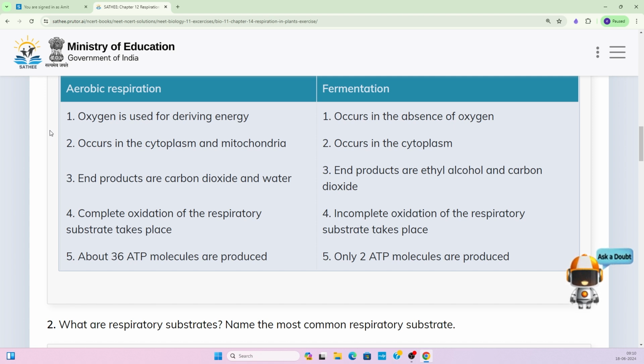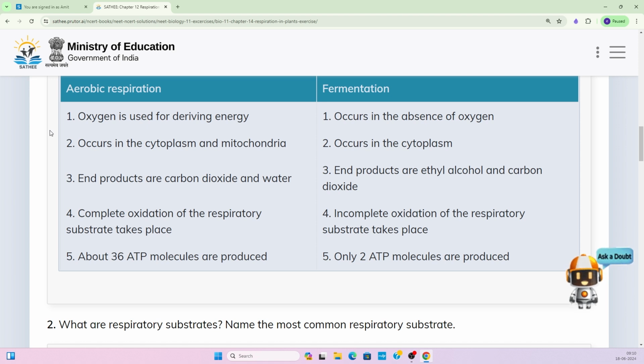The next difference is the cytoplasm and the mitochondria where aerobic respiration takes place. For aerobic respiration to take place, there must be the glycolysis process and the Krebs cycle. The glycolysis process occurs in the cytoplasm, whereas the Krebs cycle occurs inside the matrix of the mitochondria.